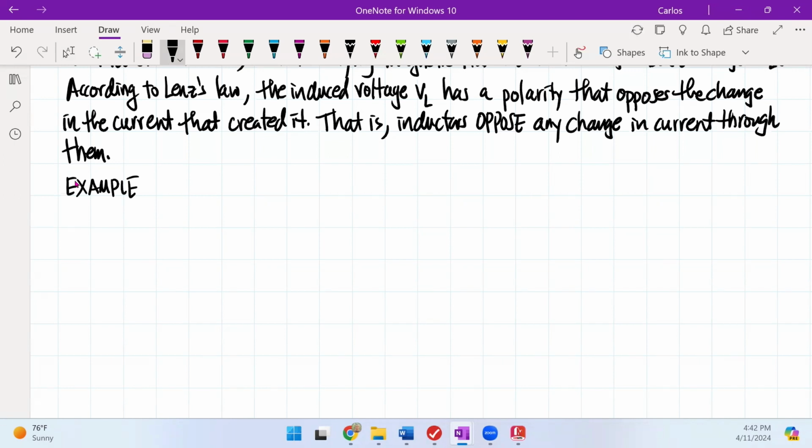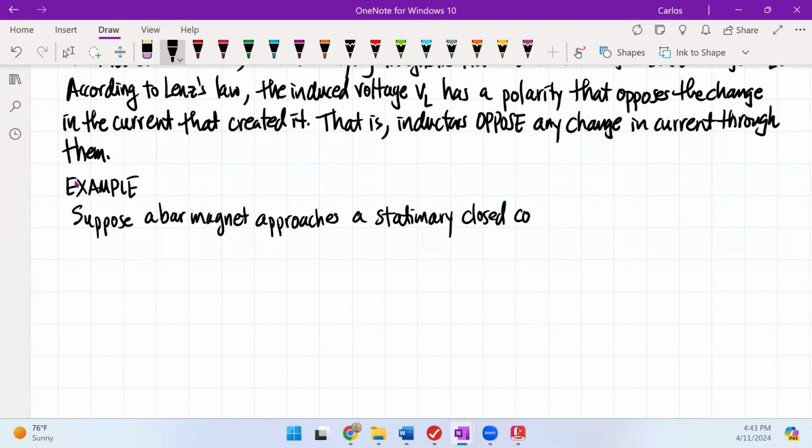We want to go through a series of steps to explain this behavior. So let's go through steps here.